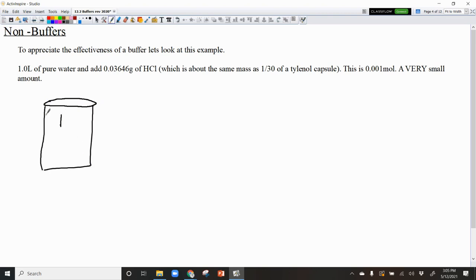Okay, and in this we have 1 liter, and this is pure water. Nothing in it but water. So what would be the pH of just pure water? Okay, we know the pH of just pure water is 7. All right, so let's compare that now to if we took this 1 liter of water.